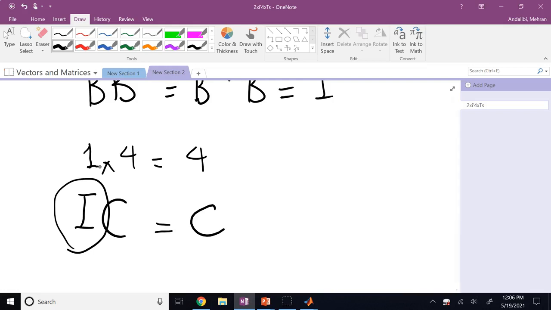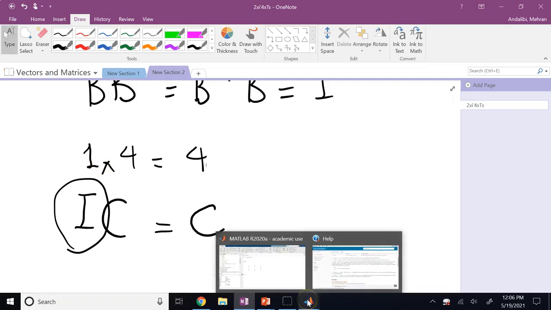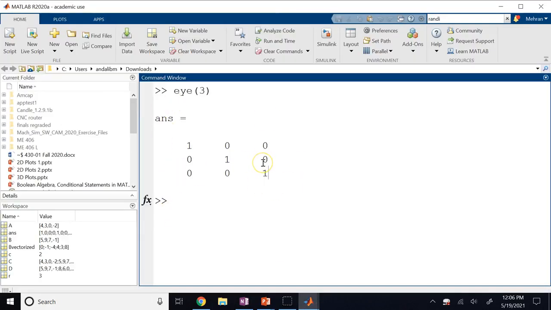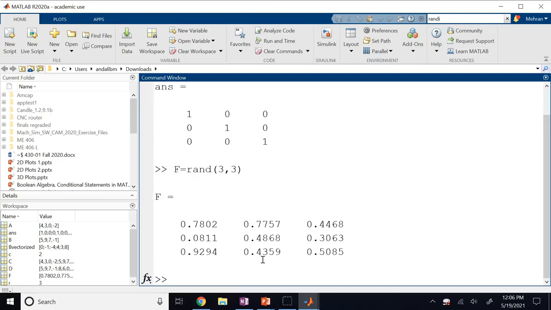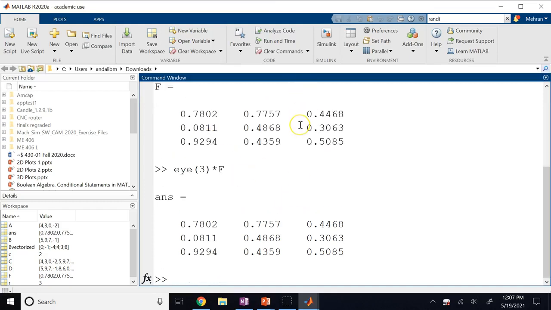That's what it is. The matrix that has all ones in it all over the place is not similar to 1. Okay, I can show you here. Let me create a matrix F, just a bunch of random numbers, let's say 3 by 3. Now, when I multiply this I of 3, which is what you just saw, by F, the result should be the same as F, as you can see.